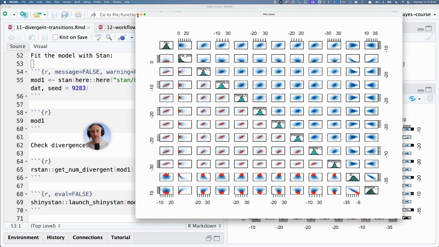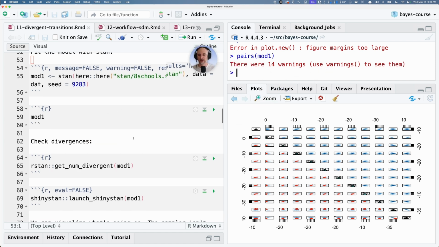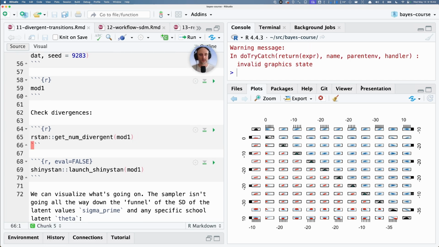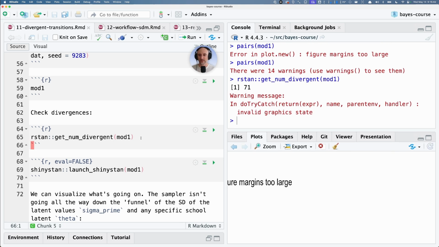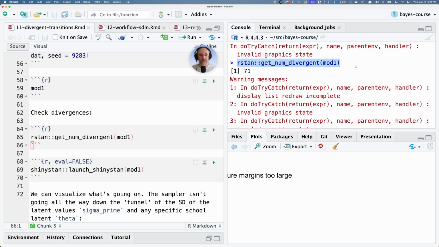So that ends up being concerning. It means that the sampler is not getting to part of the posterior. So if we wanted to check that through a function as opposed to just the print statement, there is also this get_num_divergent function, and that gets us 71.